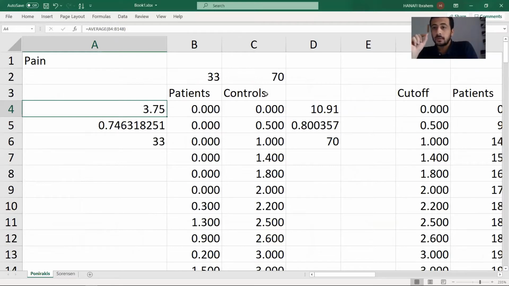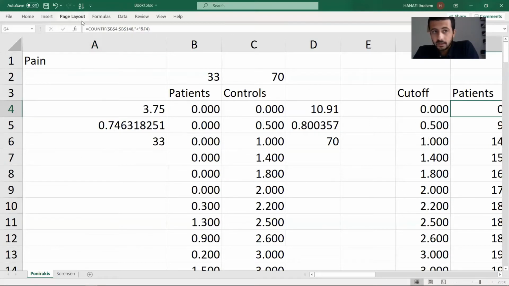So I will count the patients who are under this cutoff, with a function called COUNTIF. You put the range and then you put lower than this cell. You don't need to remember that, you just copy it from Google. I counted the patients under the cutoff because those are, tell me, true positive, true negative, false positive, false negative. Who are they?